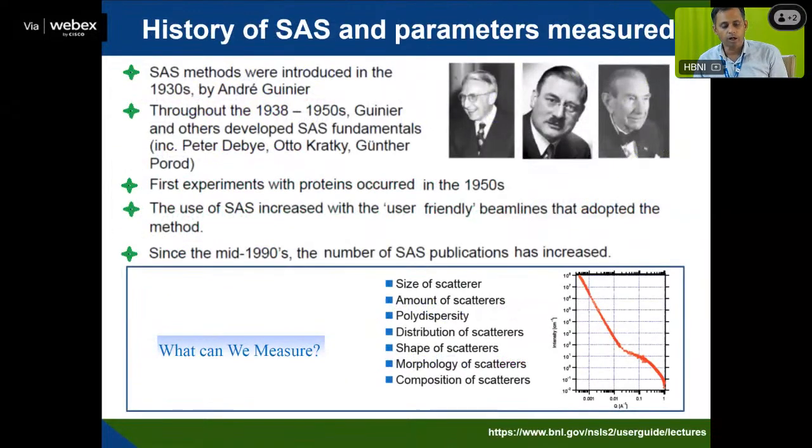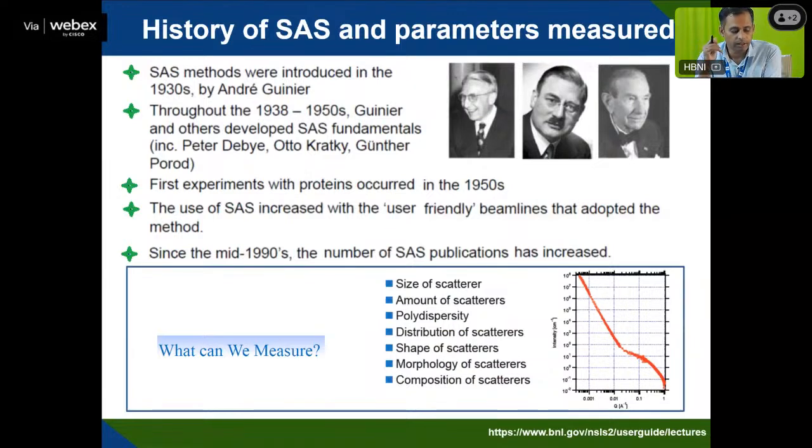Okay, so if you come to the history of small angle X-ray scattering, this method was first introduced in 1930 by Andre Guinier, and throughout 1938 to 1950, Guinier and others developed various fundamentals.